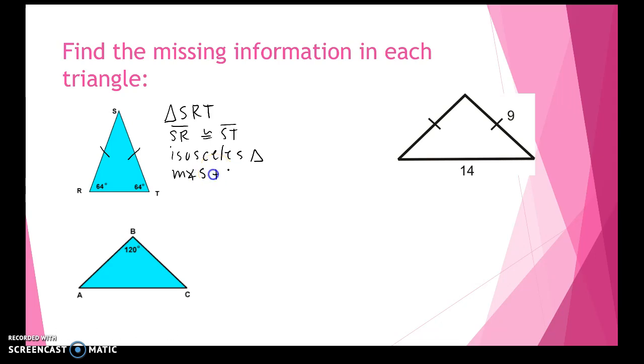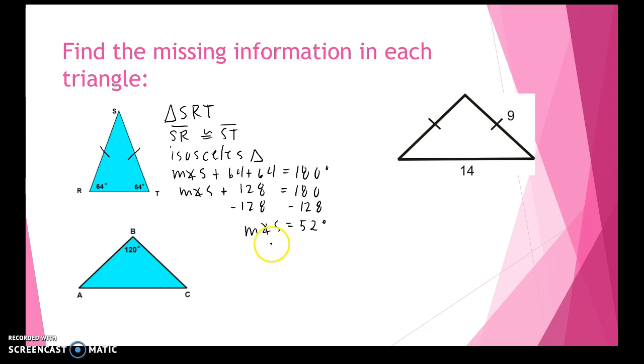So the measure of angle S plus the two base angles is going to be equal to 180 degrees. Okay, so this gives me 128. When I subtract 128 from both sides, the measure of angle S will be equal to 52 degrees. And because of its placement in the triangle, this is my vertex angle.